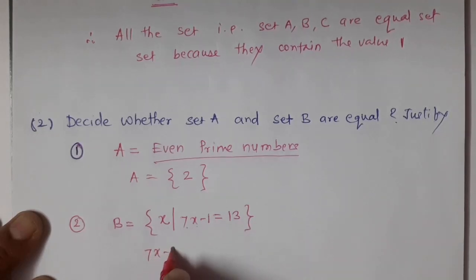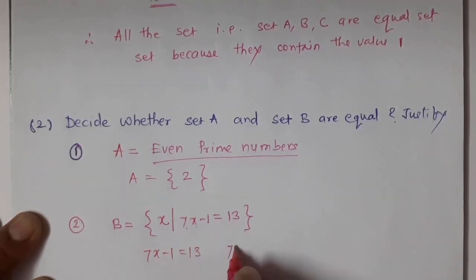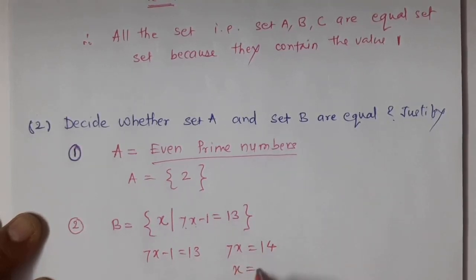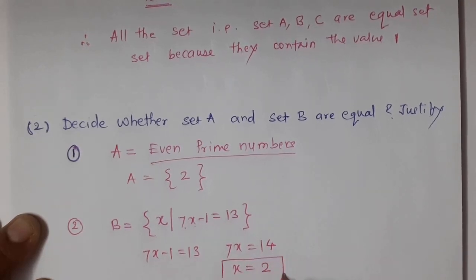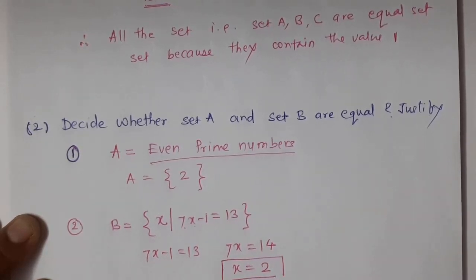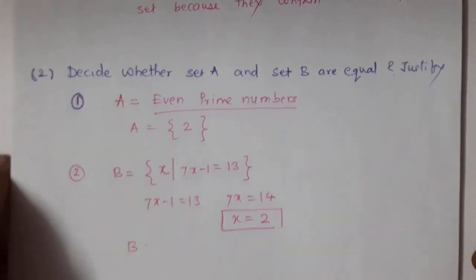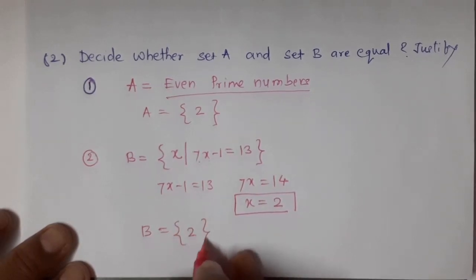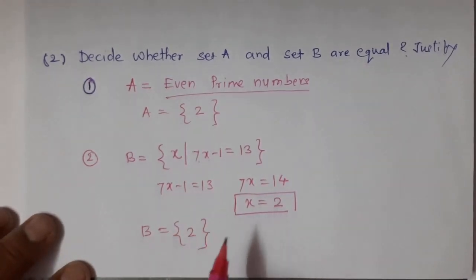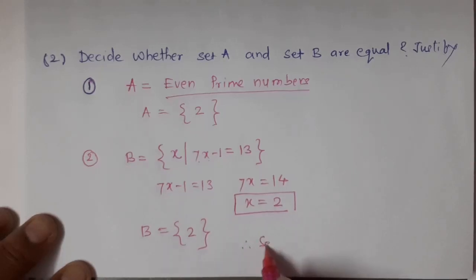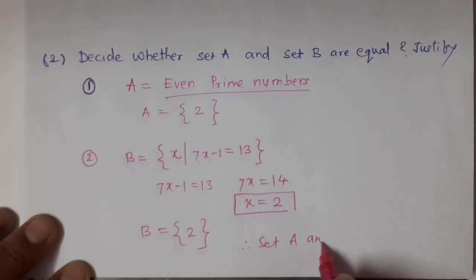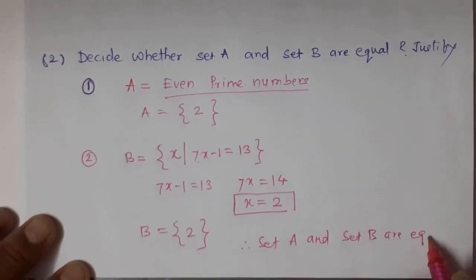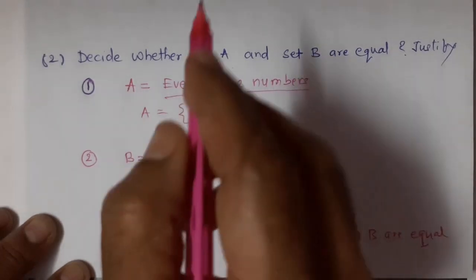So 7x is equal to 14, x is equal to 2. Set B also comprises the value 2, and that's why both the sets are equal. Like that you have to solve.